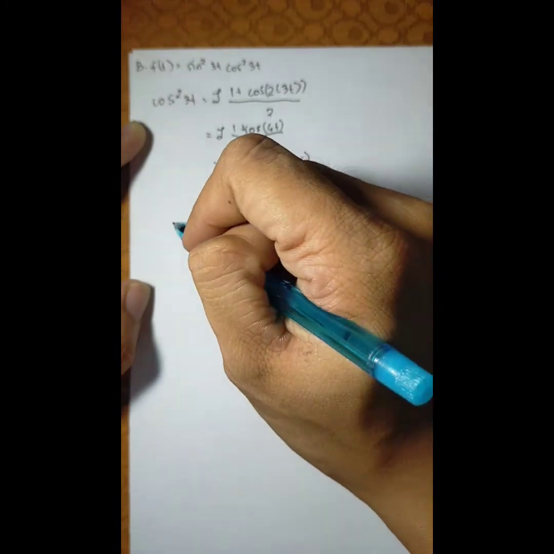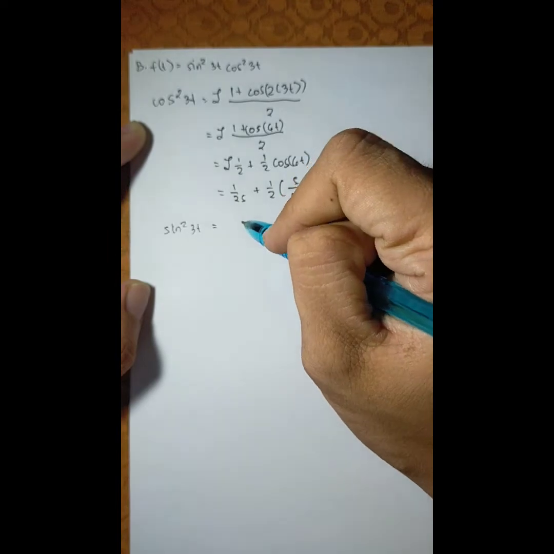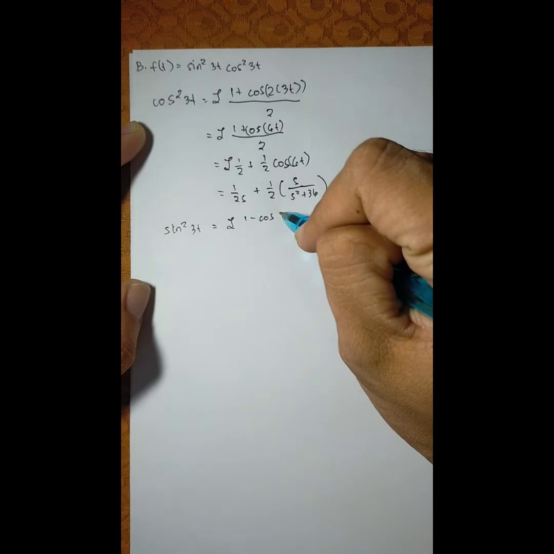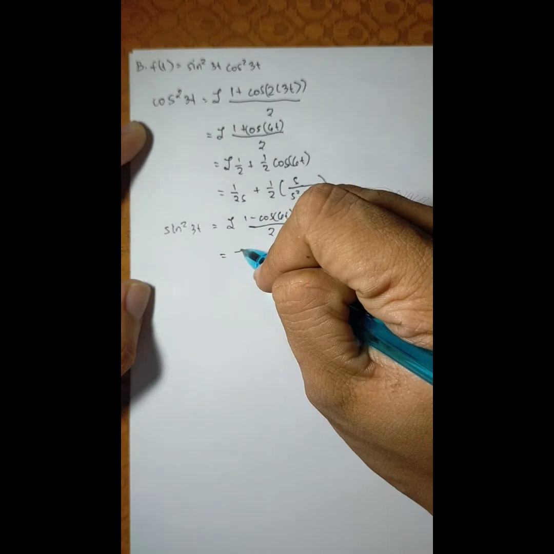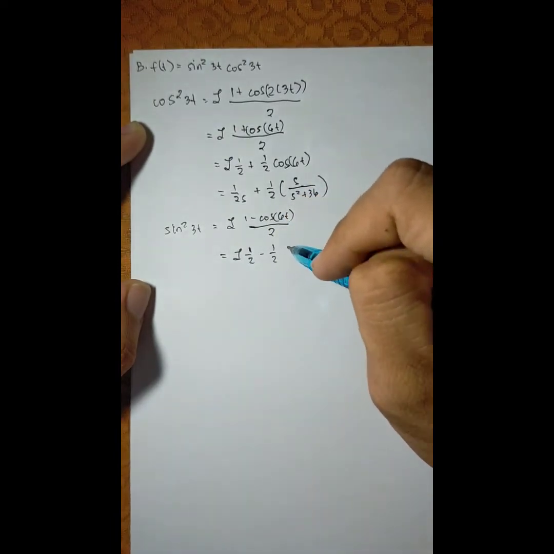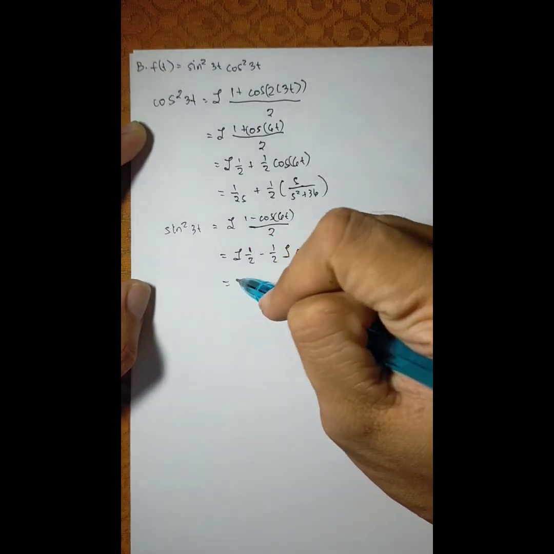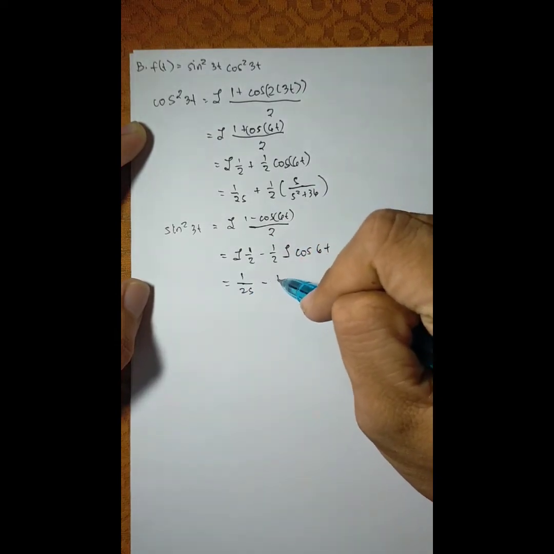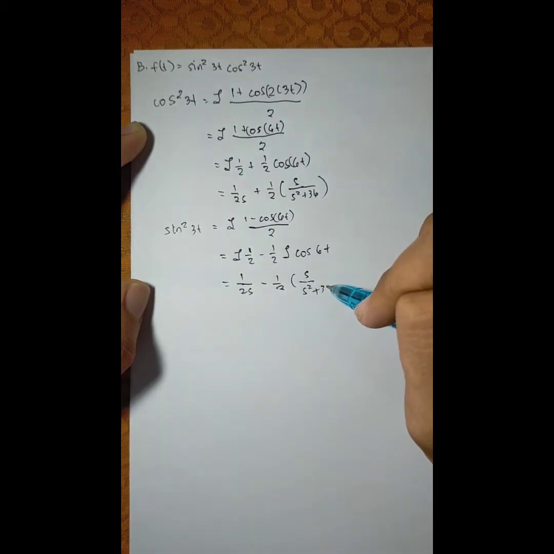And our sine squared of 3t is equal to Laplace of 1 minus cosine of 6t over 2, equal to Laplace of 1/2 minus 1/2 Laplace of cosine 6t, which is equal to 1/2 s minus 1/2 times s over s squared plus 36.